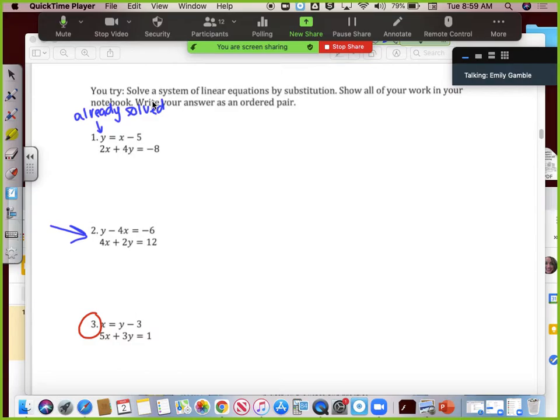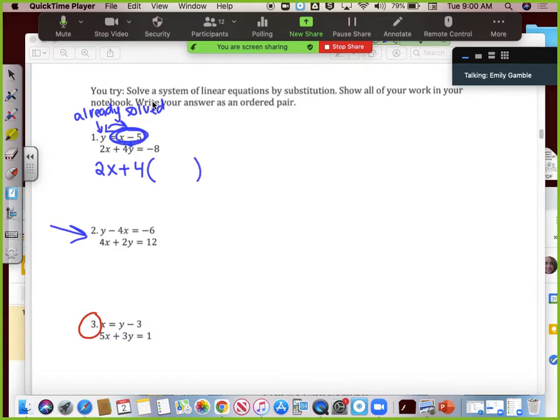Because this is already solved for y, we can begin the substitution step, which means take x minus 5 and substitute it in for what it equals in the other equation. Because it's equivalent to y, we can replace y with x minus 5. So the second equation will turn into 2x plus, instead of 4 times y, 4 times what y is equal to.